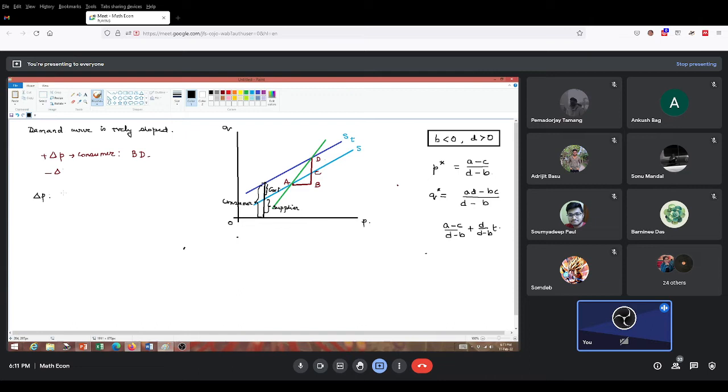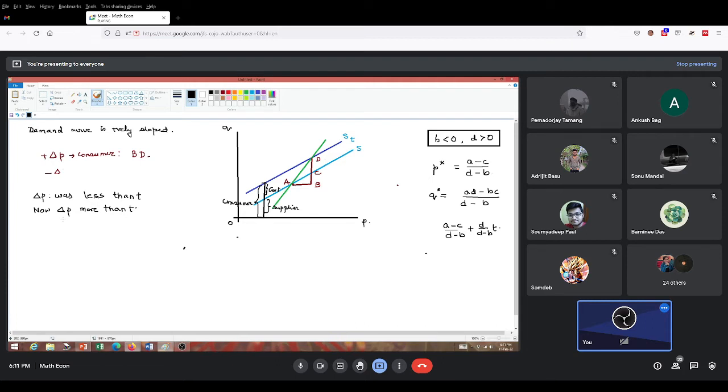Previously, if you are imposing a tax of 10 rupees, how much did price increase? By less than 10 rupees. So the increase in price was less than T. Now the increase in price is more than T.